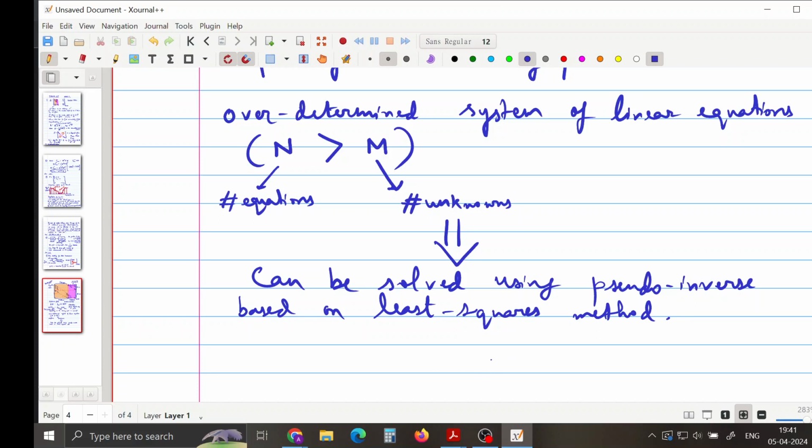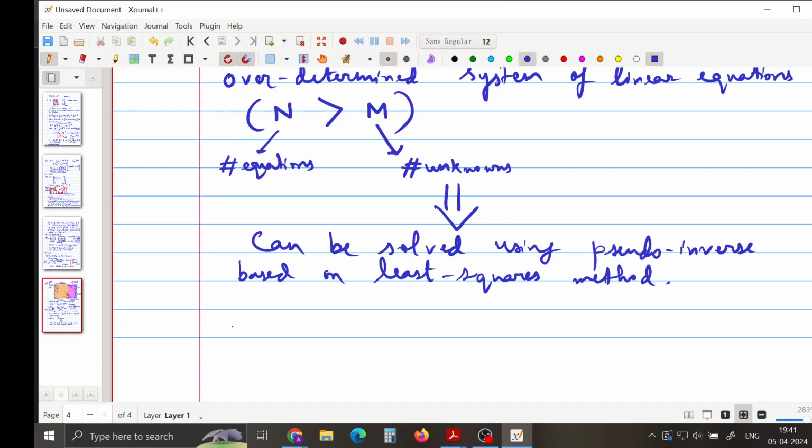So what you will get is S of n, the estimate of the input signal vector, given as C low Hermitian, or you can use dagger as well.